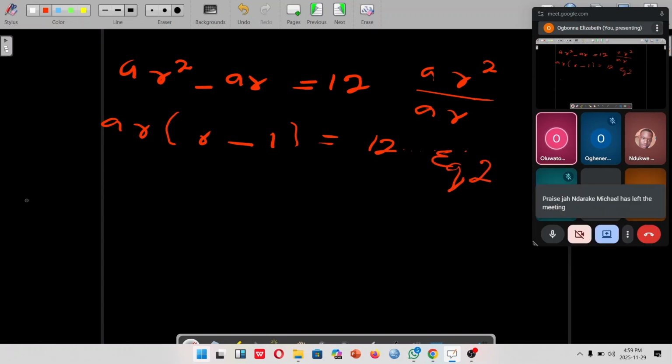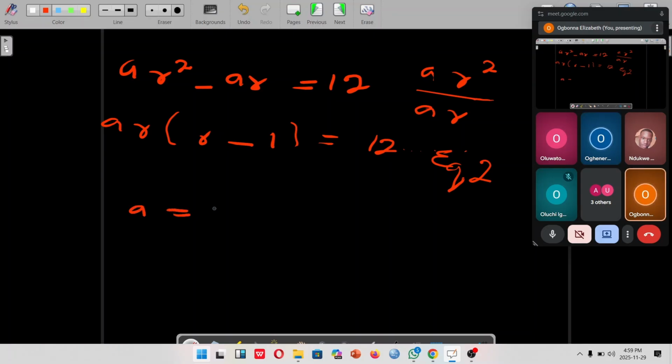Okay, so with this, what is in our equation 1 before? You know, GP is not as simple as AP. In the equation 1, A equals to 4 all over R minus 1.